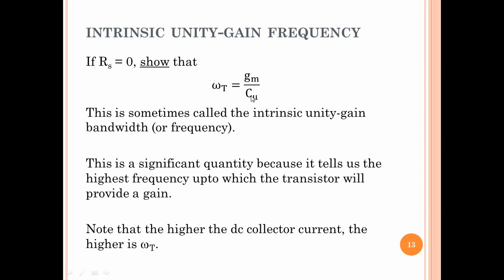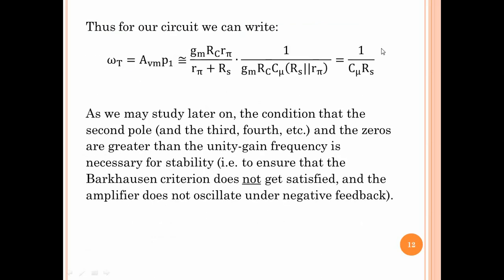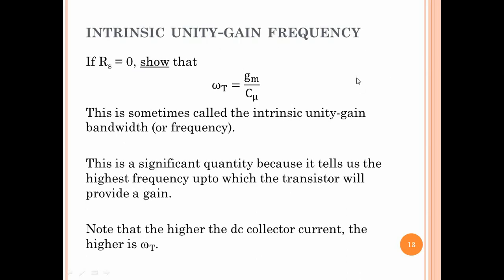Here in our circuit it is 1 by C mu RS. Of course there are approximations made, that's why it is 1 by C mu RS. If they are not made, there will be a Gm also here, but you can see that if you want to. But the point is that if RS is 0 and we do this all over again, we'll find that the unity gain frequency is Gm by C mu.